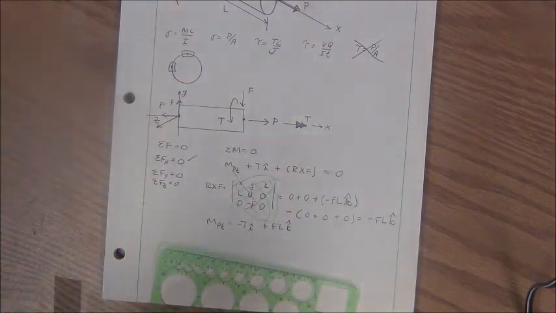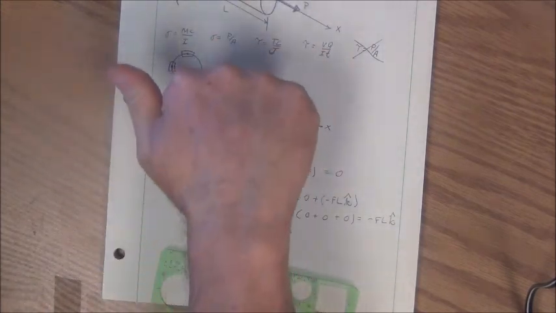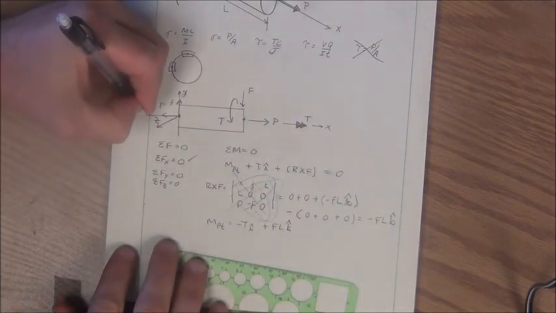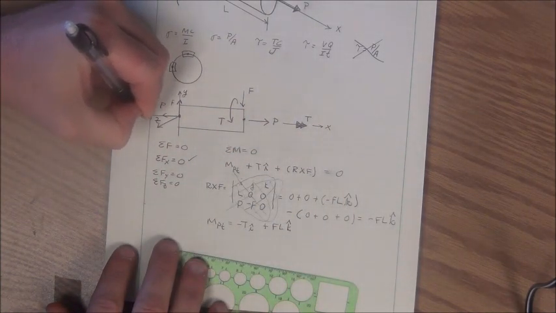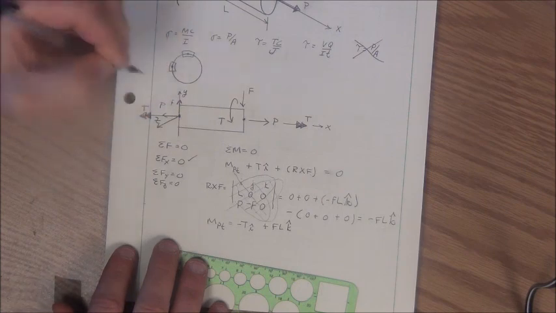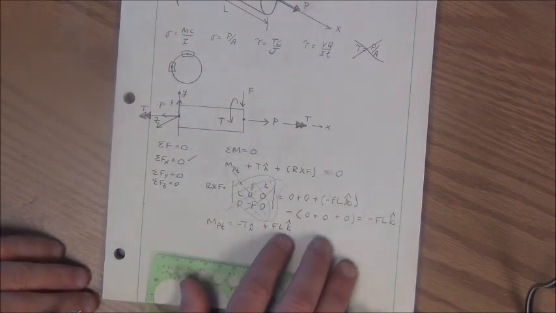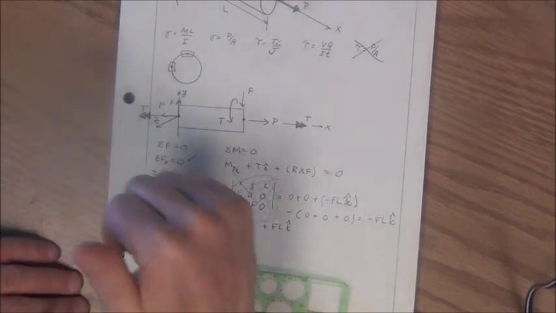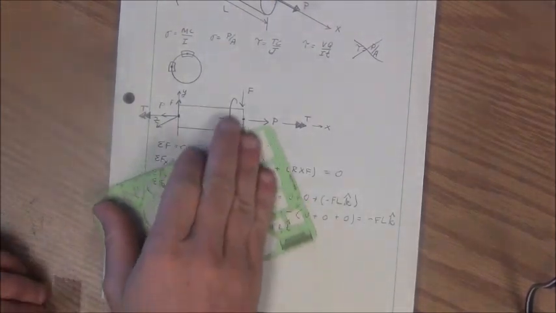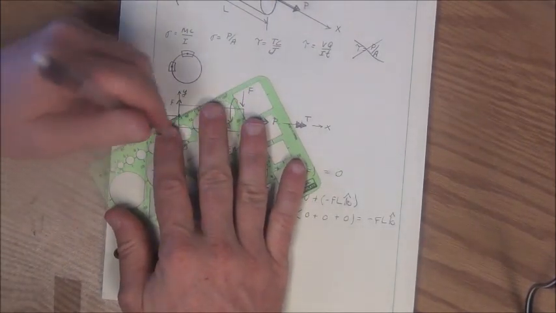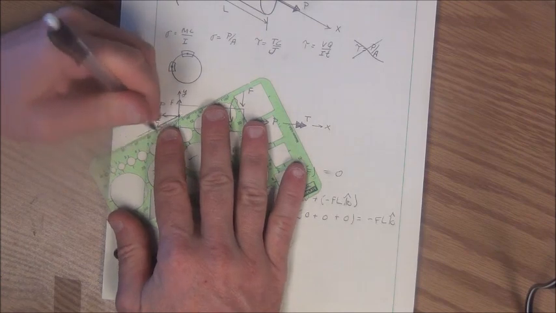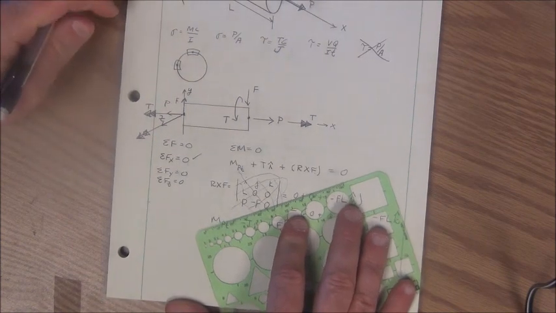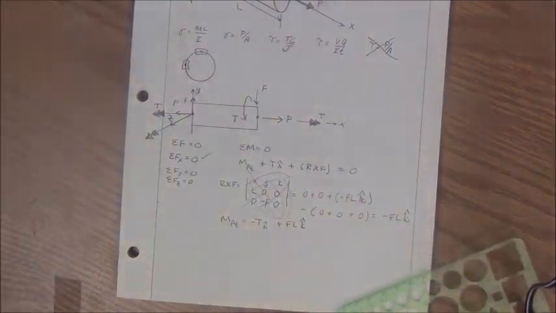A minus T would be going in this direction, where my thumb would be in the negative X or the I direction, and so my double arrows would be going like that with a magnitude of T. My FLK will be about the Z axis, and it will be positive, so I put my thumb in the positive direction and draw my double arrows, and they would be in the positive Z direction.